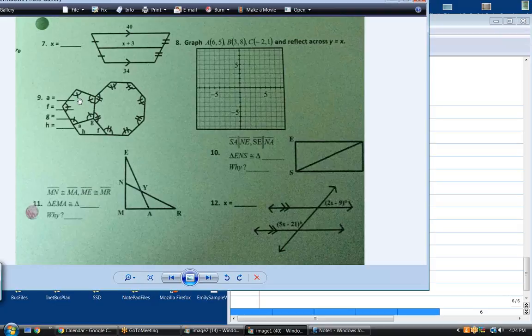What is each interior angle of the pentagon? 3 times 180 divided by 5. Okay. And whatever that is, equals A plus the interior angle has to equal 180 degrees. In other words, whatever that angle is, it's supplementary with A.